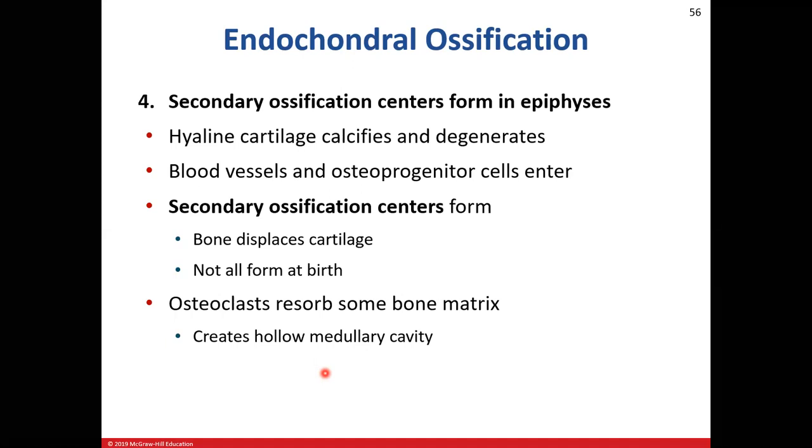This helps to form our secondary ossification center. And again, the bone displaces the cartilage, and not all of these secondary ossification centers are formed at birth. Many of them occur as we go through childhood, as we continue to lengthen and get our bones to add height and width. So there's a lot of different centers that are forming after birth.